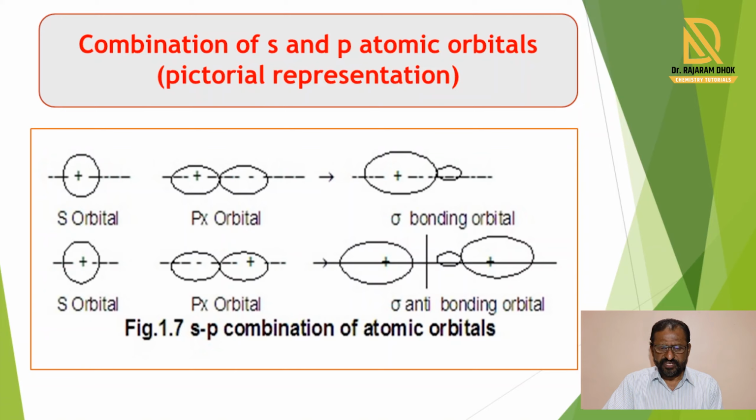In this sigma star molecular orbital there is one node, and from that node, towards the left side and the right side, the two orbitals are repelled, as shown in this figure.